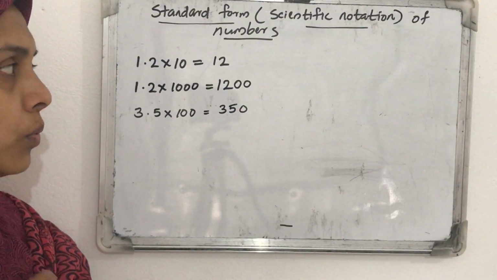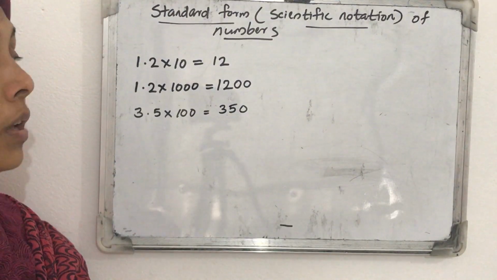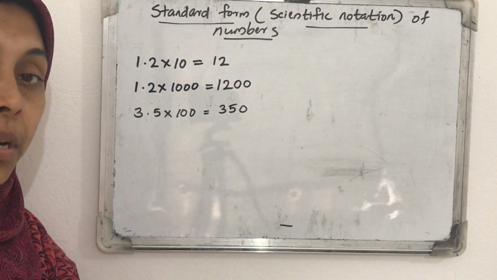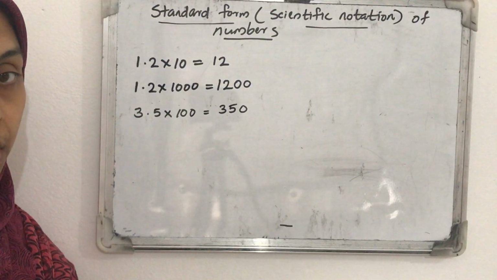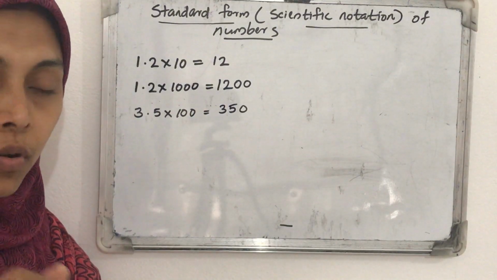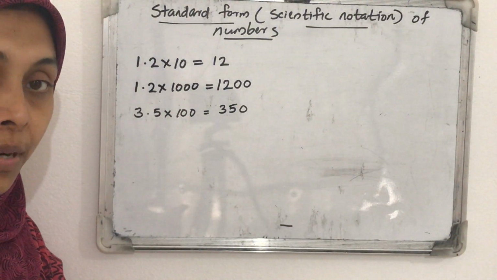Writing that larger number will be very difficult. For convenient writing, we convert those numbers into scientific notation or standard form, which we will discuss today. First, we know how to convert decimal numbers.